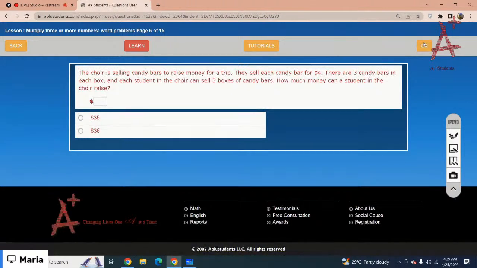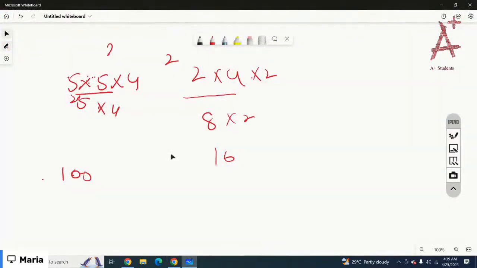The class is selling candy bars to raise money for a trip. They sell each candy bar for $4. There are 3 candy bars in each box, and each student in the class can sell 3 boxes of candy bars. How much money can a student in the class raise? So you have to do 3 times 3 times 4.